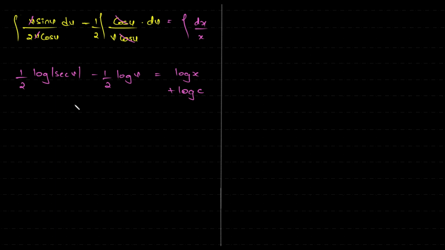Okay, further simplification involves, first thing is I'll multiply this entire thing with 2 so as to eliminate this 1 by 2. And we have log of secant v by v is equal to 2 log of x into c.